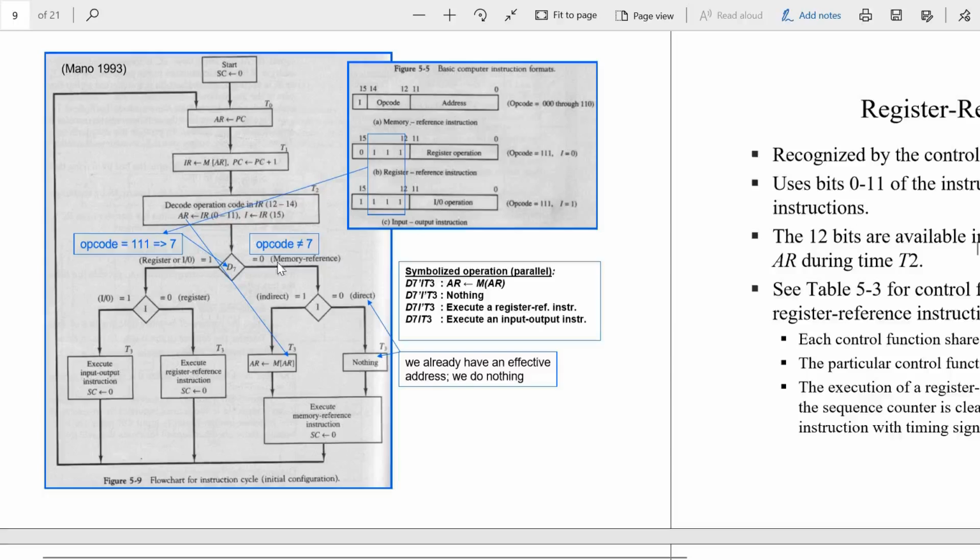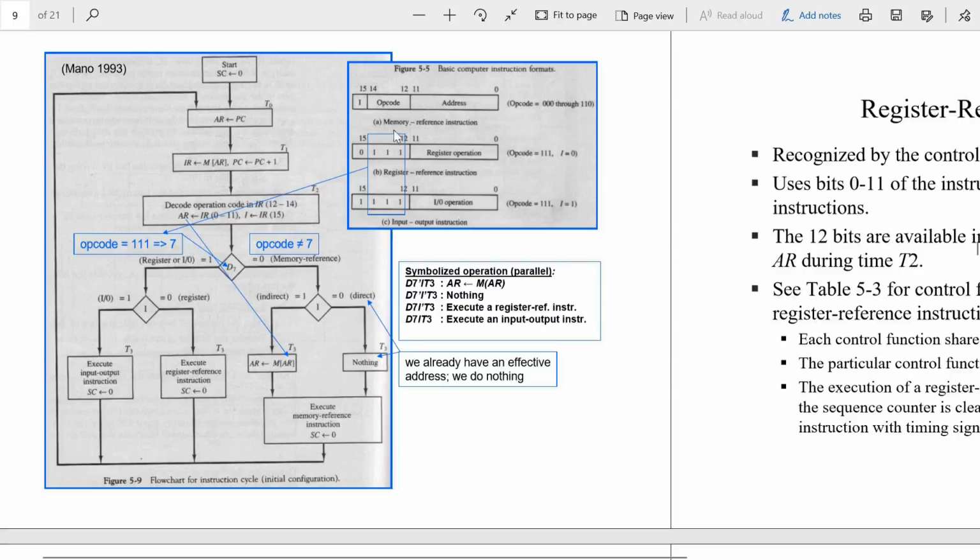After decoding, next we identify which of these three instructions it is. For this purpose, the processor checks a condition: D7, which means 111. 111 is common to only two instructions: register reference and input output instruction.